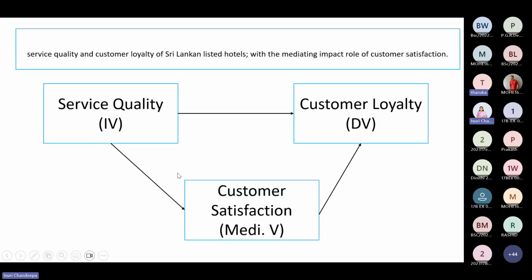We know exactly there might be a relationship between service quality and customer satisfaction.